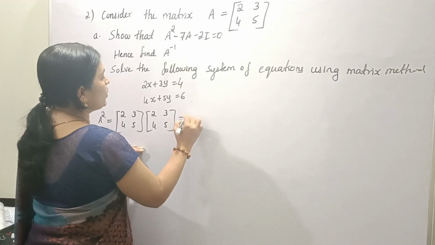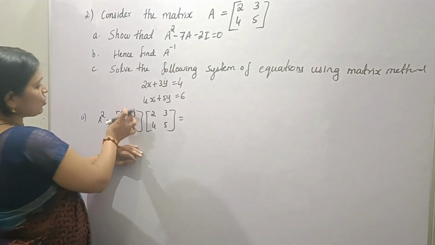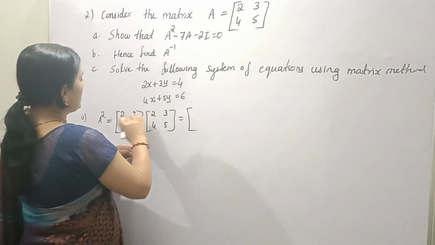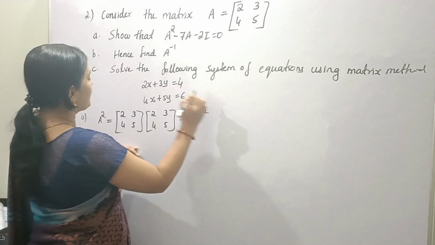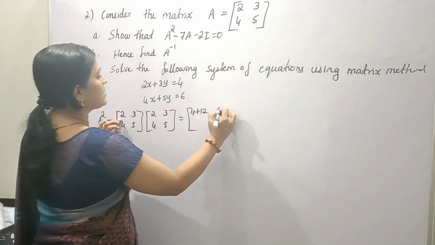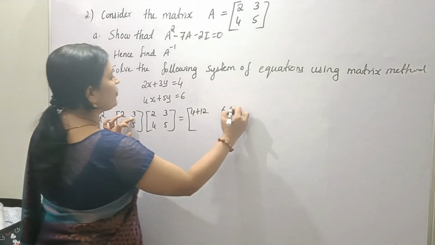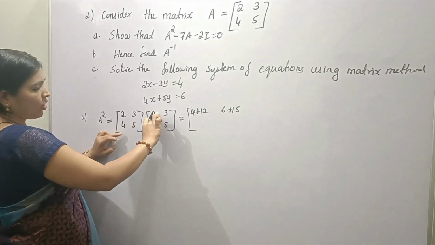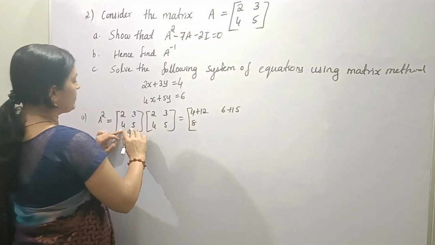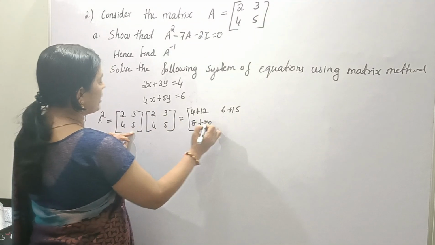Okay, that is equal to, first row multiplied with the first column, 2 into 2, 4 plus 12, 6 plus 15. Okay, second row multiplied by first column, 4 into 2, 8 plus 5 into 4, 20.